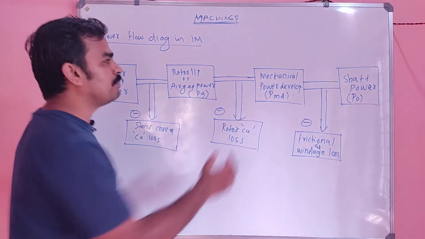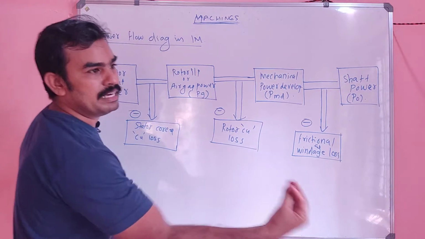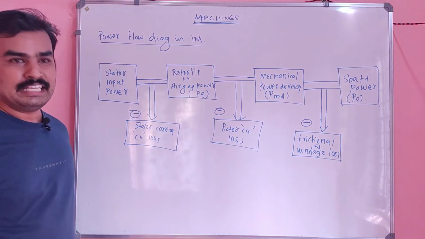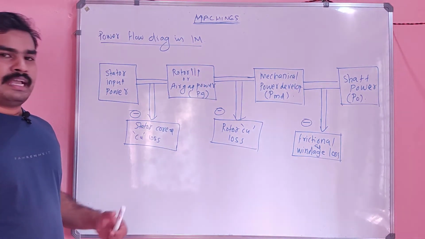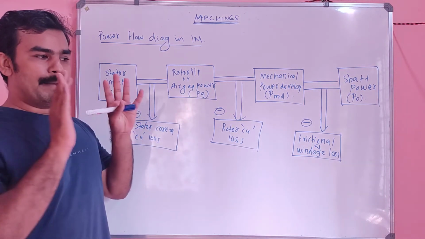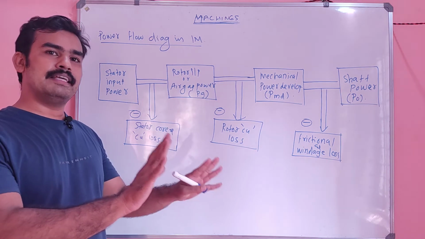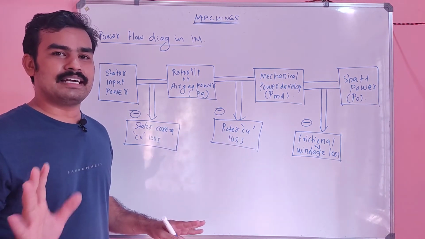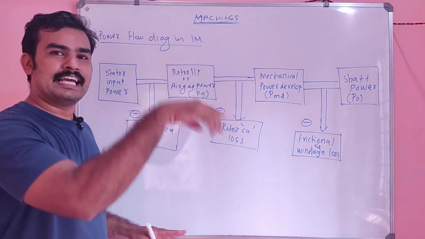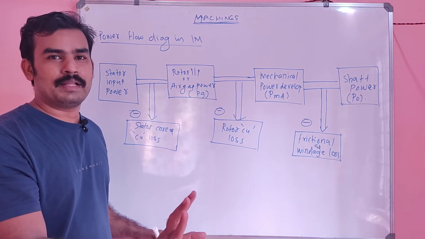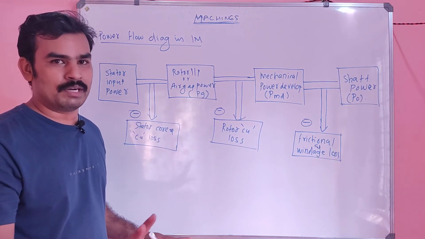We gave power to the rotor, and due to that there will be some current in the rotor side. Due to that current there will be some losses in the rotor conductor, right? That is called the rotor copper loss.